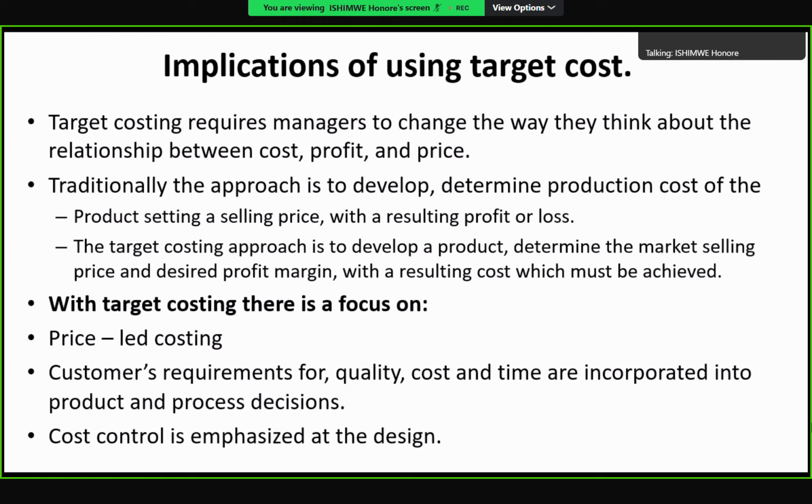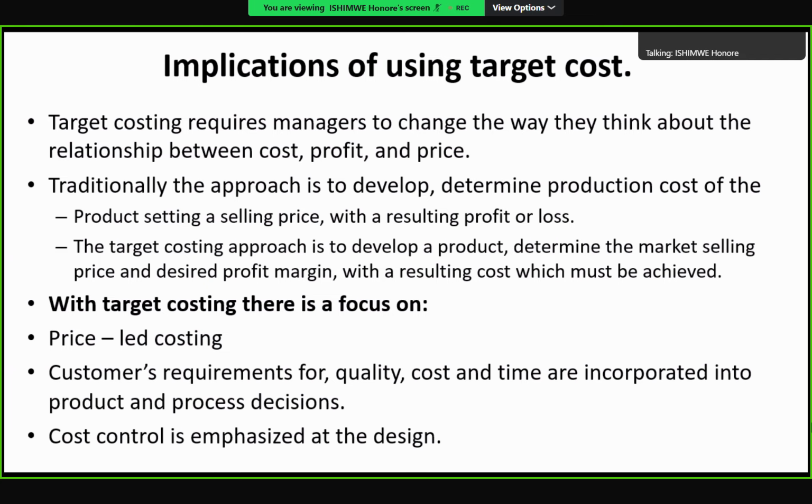So cost control will also be emphasized at the designing stage. When you are still designing your product, you also emphasize cost controlling, before you even start to produce. That is the implication of using target costing.